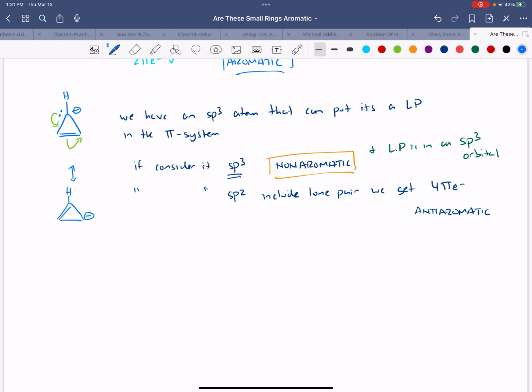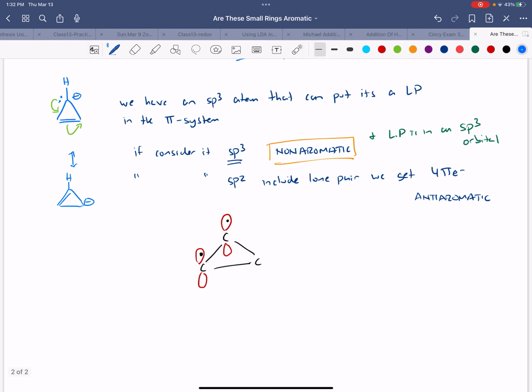What picture do we have? I don't know. We have this picture here. You have a p orbital here, p orbital here, for those two carbons here and here that are sp2 hybridized. And I do not want to add 2 more electrons to get up to 4 pi electrons. I do not want 4 pi electrons. So I'm going to make sure that the lone pair is not part of the pi system by keeping this carbon actually sp3 hybridized.